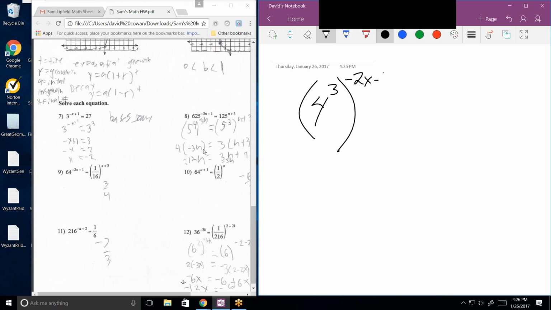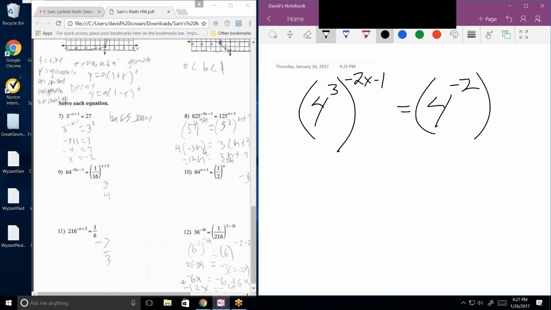That's why it's important to think of this as double exponentiation, because that's step 2. Now, how can I write 1/16 in terms of 4? It's 4 to the negative 2. 4 to the negative 2 is the same as 1 over 4 to the positive 2, which is 1/16.